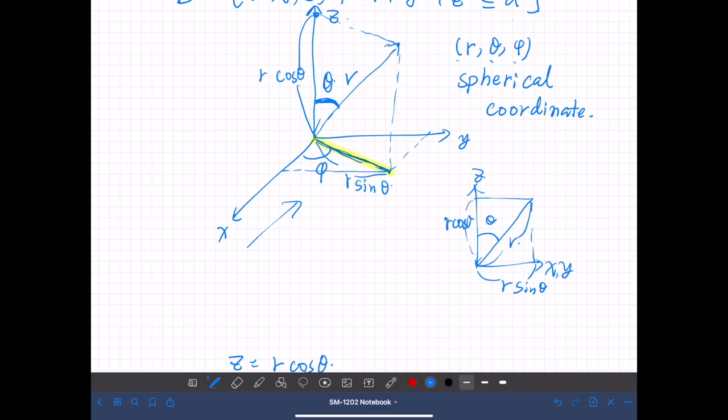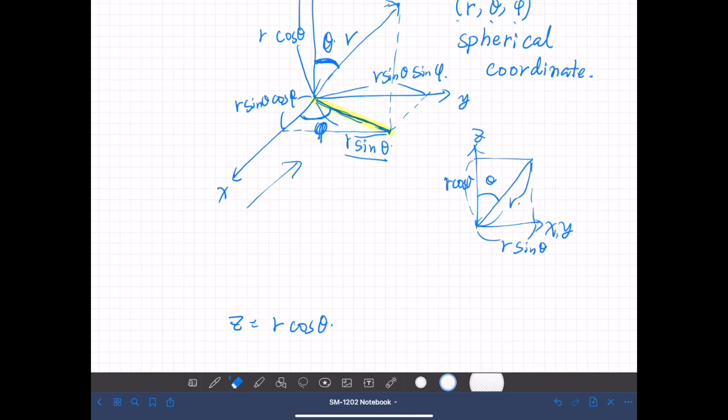But we have this angle phi here, so projecting this vector onto the x-axis, this length should be r sine theta cosine phi, and this length should be r sine theta sine phi. So the transform of these values x, y, z should be given by this.